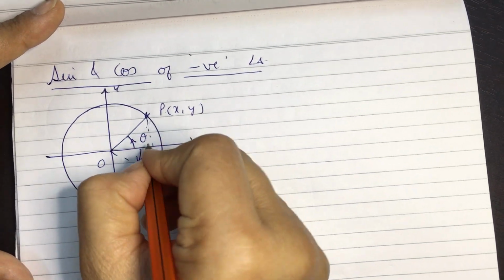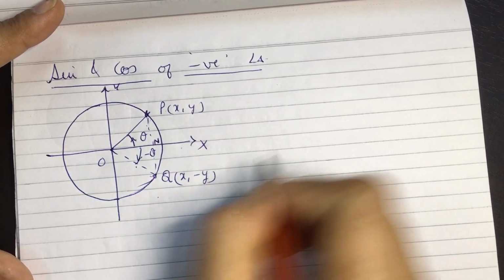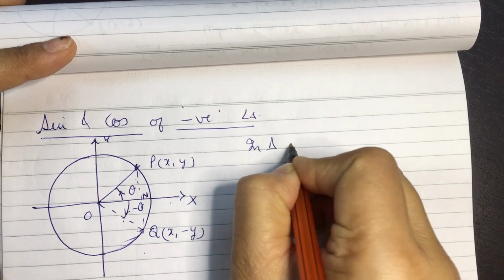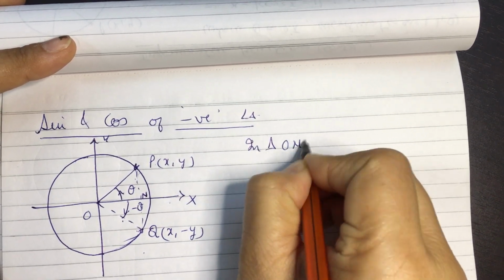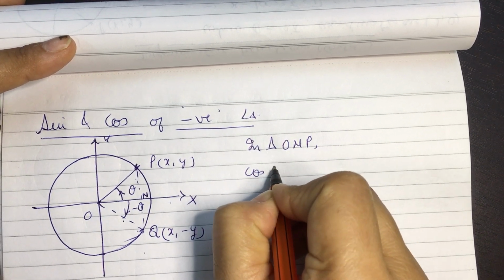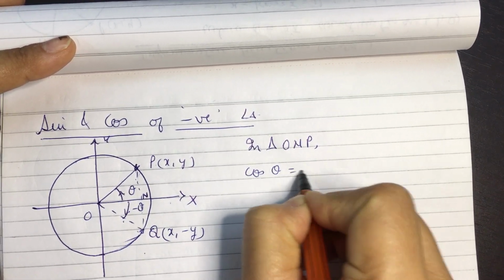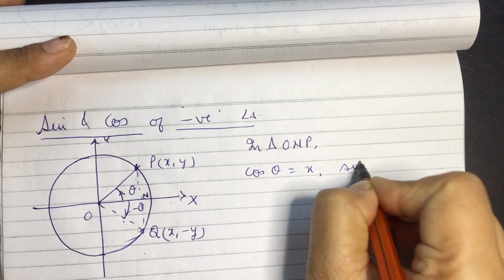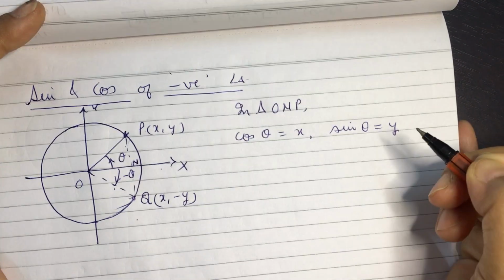Now in this triangle, let's call it N. So in triangle ONP, we have cos theta equal to x, sin theta equal to y.